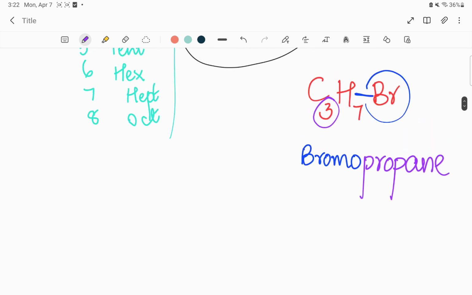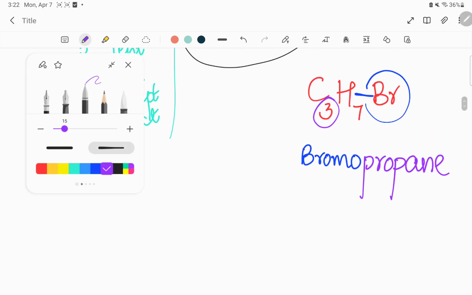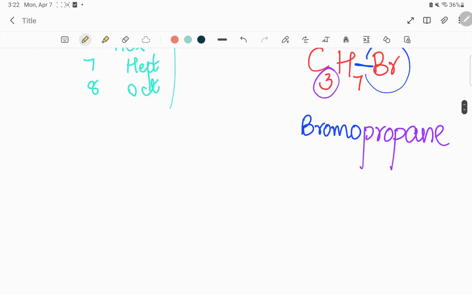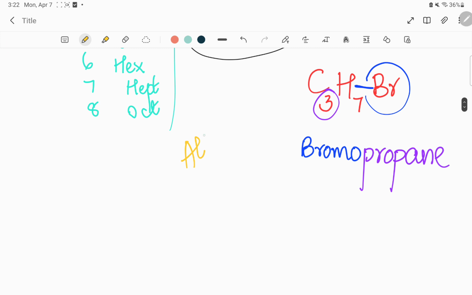Now, this is the IUPAC approved nomenclature. The trivial name, that is the common name, is alkyl halide. This is the rule that we follow when we are writing the common name.